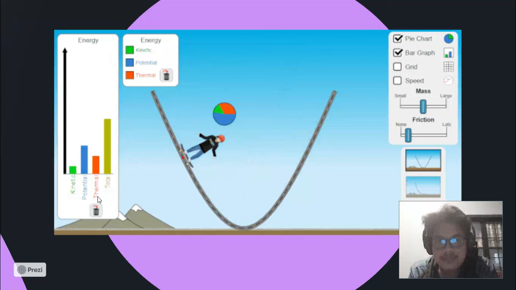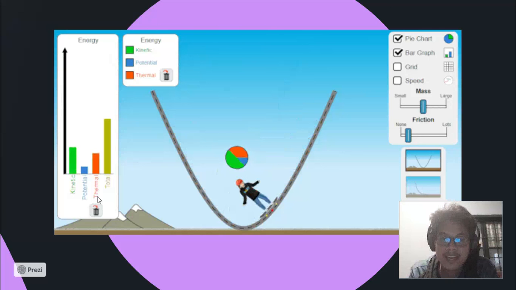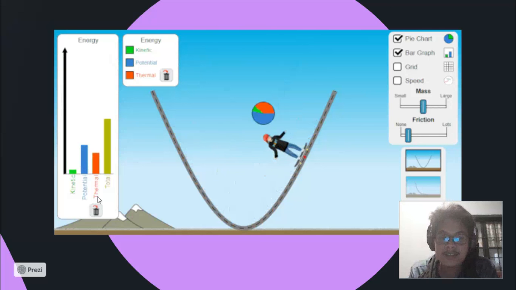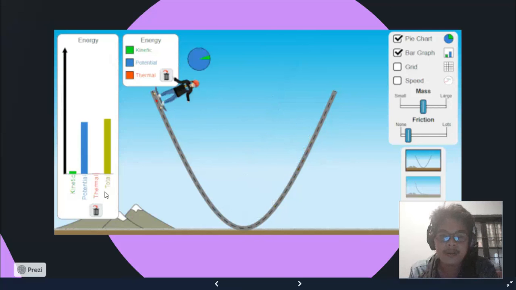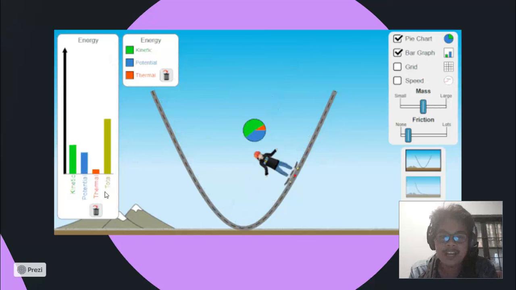So, you can infer that the total energy is still not changing. So, nagkakaroon ng thermal energy, but that is because of the potential and kinetic energy. So, as the thermal energy increases, the total of kinetic and potential energy also decreases, because the total energy must always be constant.